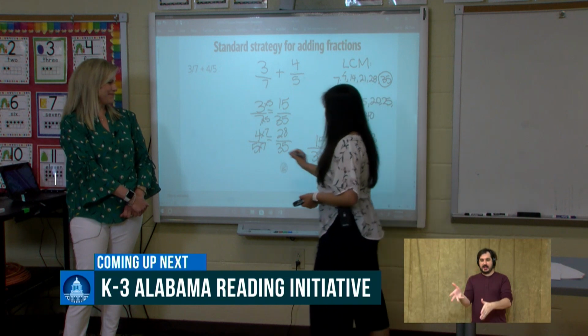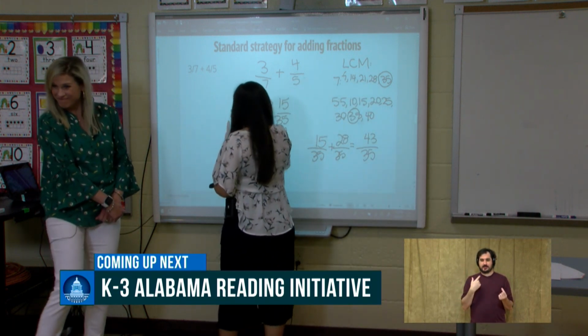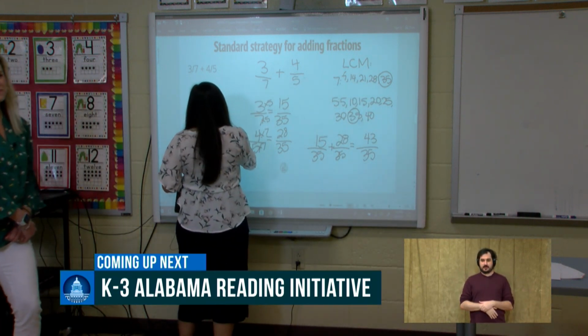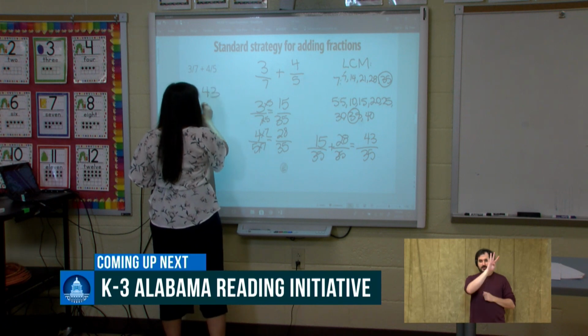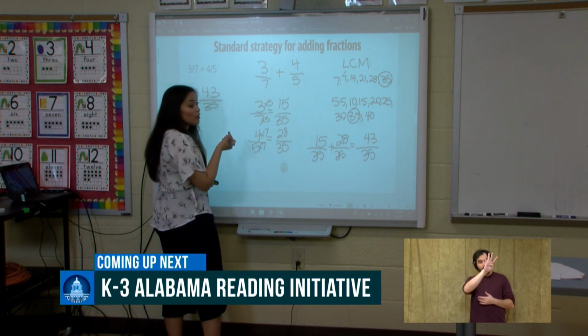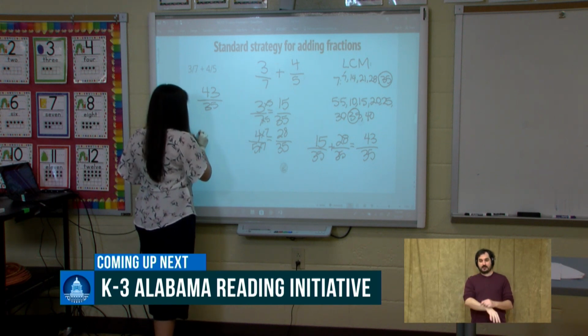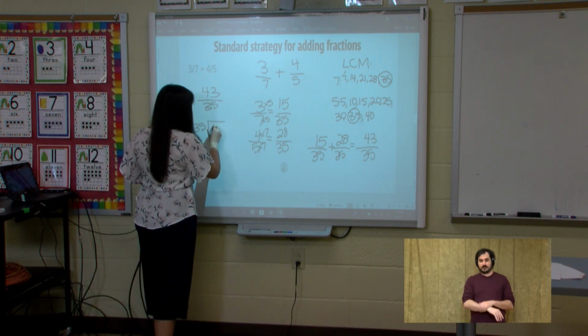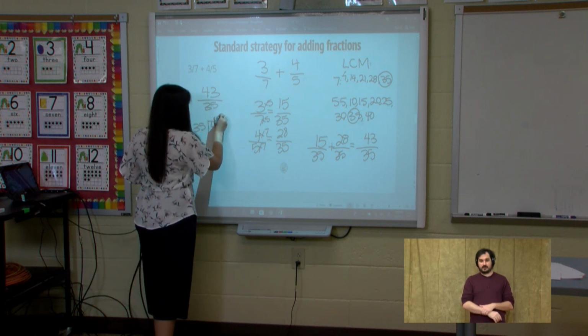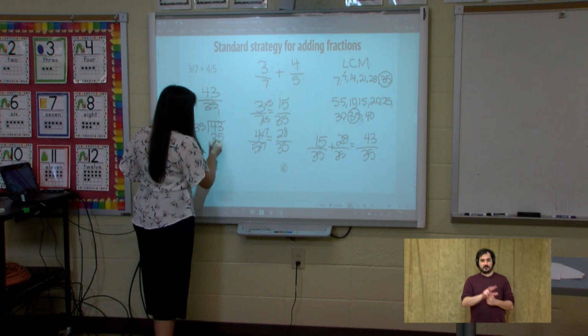So I'm going to move on over here because I'm running out of room. One way I could do this is say 43 over 35 or 43 divided by 35. So I have 35 into 43. Well, I can only put 35 into 43 once.